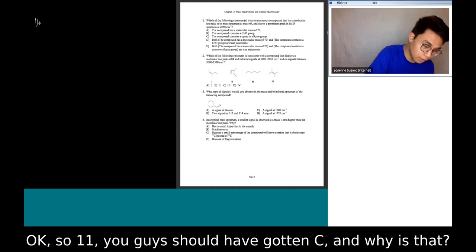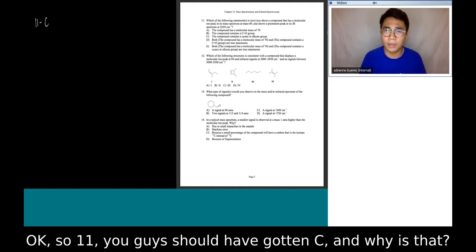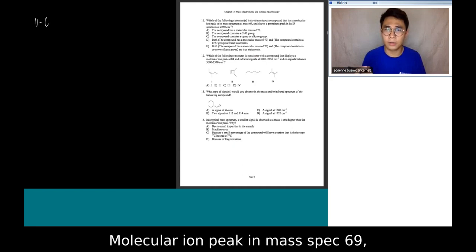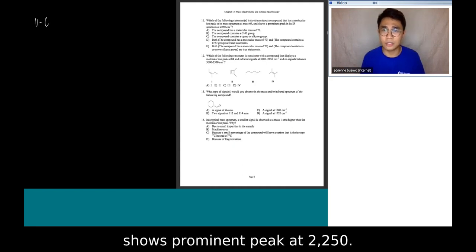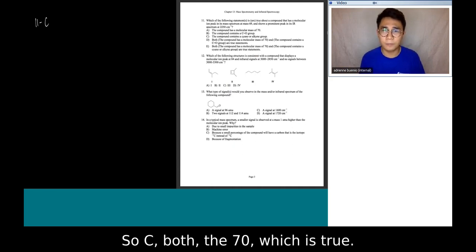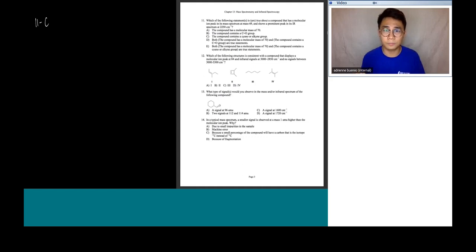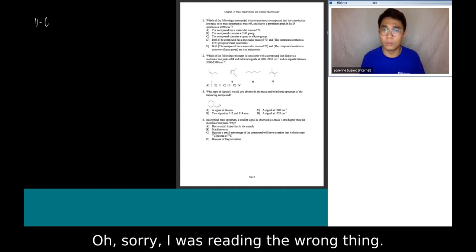Okay, so 11, you guys should have gotten C. And why is that? The molecular ion peak in mass spec is 69 and shows a prominent peak at 2250. So C, both is 70, which is true, right? Oh, sorry, I was reading the wrong thing.